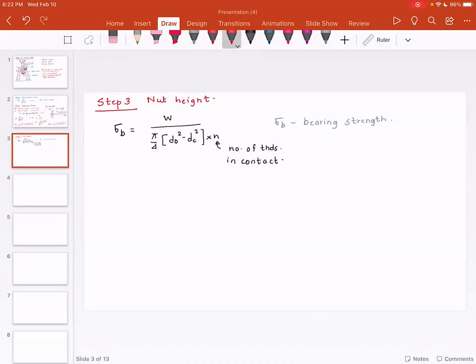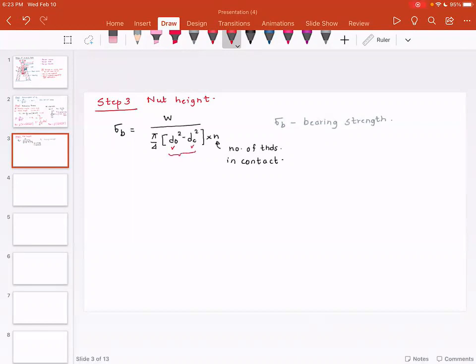So value of W is known. Please note, the outside diameter of the nut and core diameter of the nut will be exactly same as the outside diameter of the screw and the core diameter of the screw. So what it means is this value is known, this value is known.